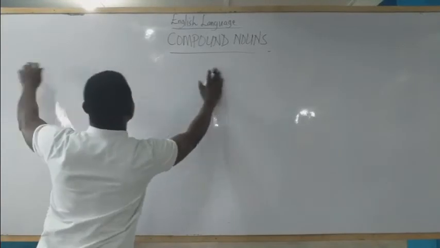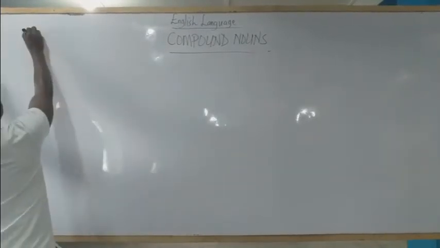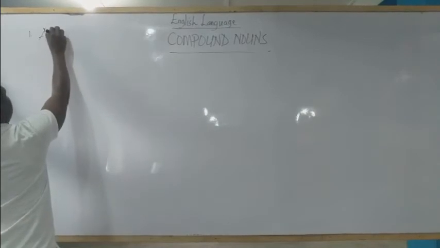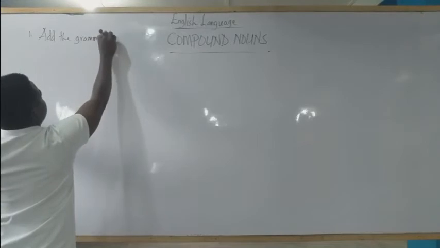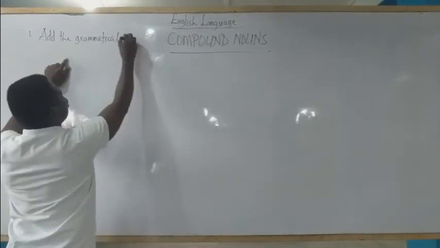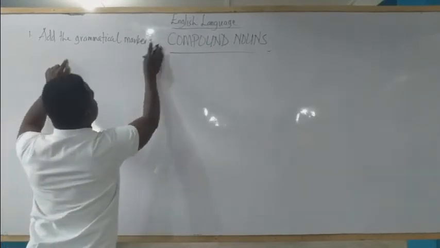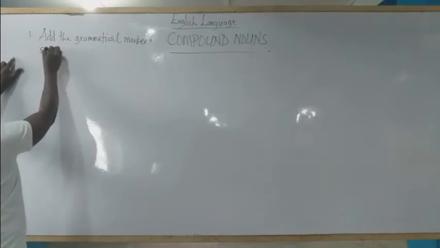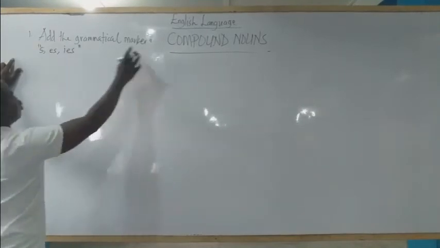Now the first step is that you add the grammatical markers to form a plural compound noun. Number one, you add the grammatical markers. What are the grammatical markers in English? You have your S, ES, and then IES. These are grammatical markers in English.